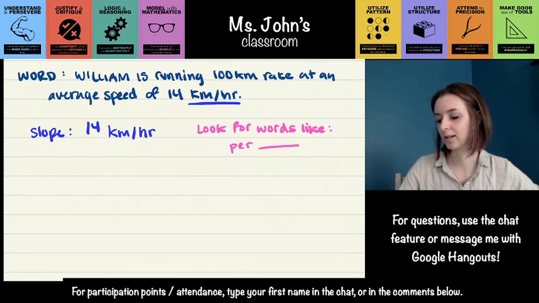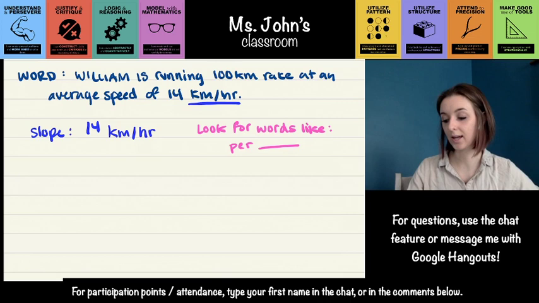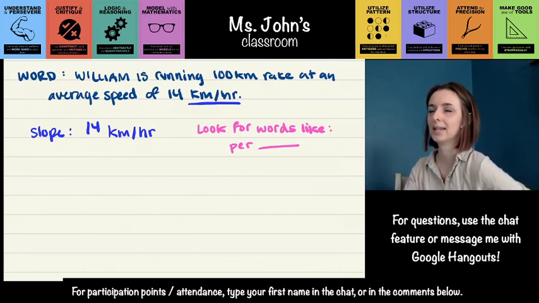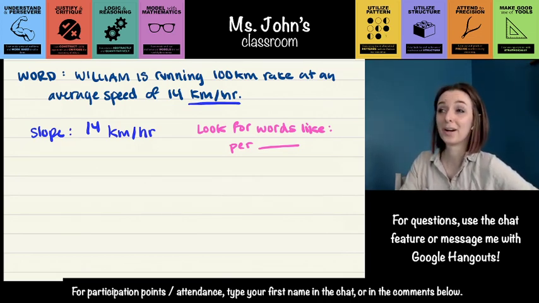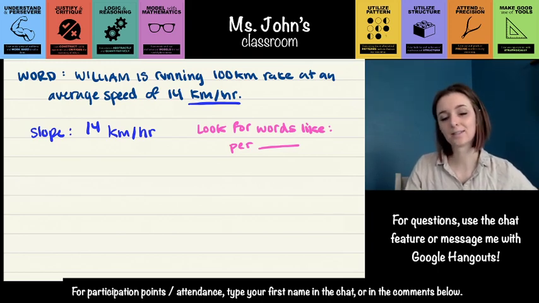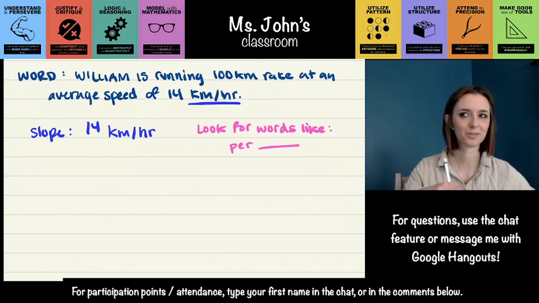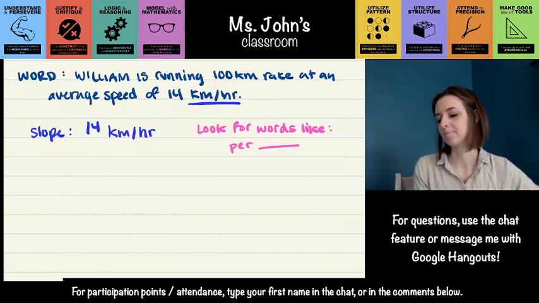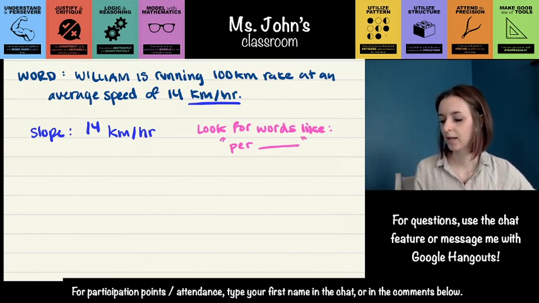In this problem, kilometers per hour, the way that we read that is that we say per because of that slash, I guess. So often that will come up, per something.